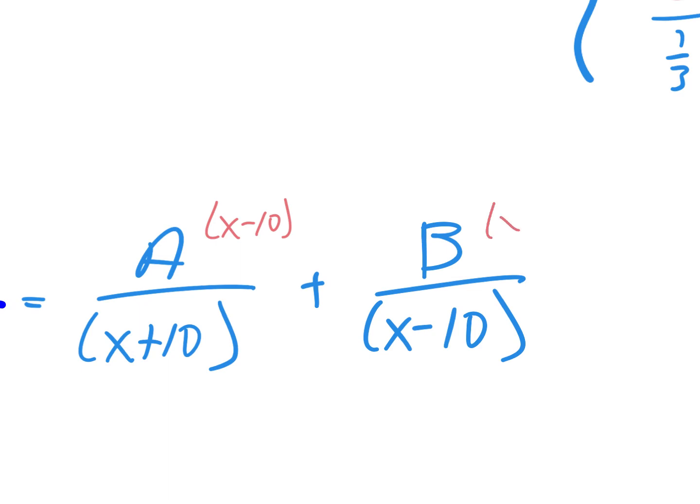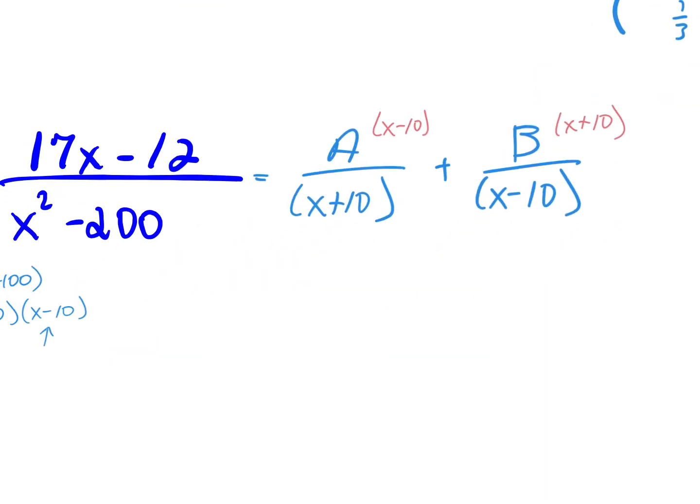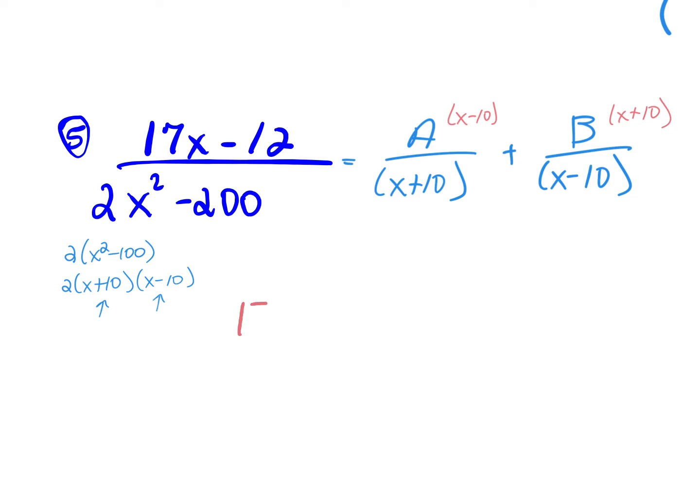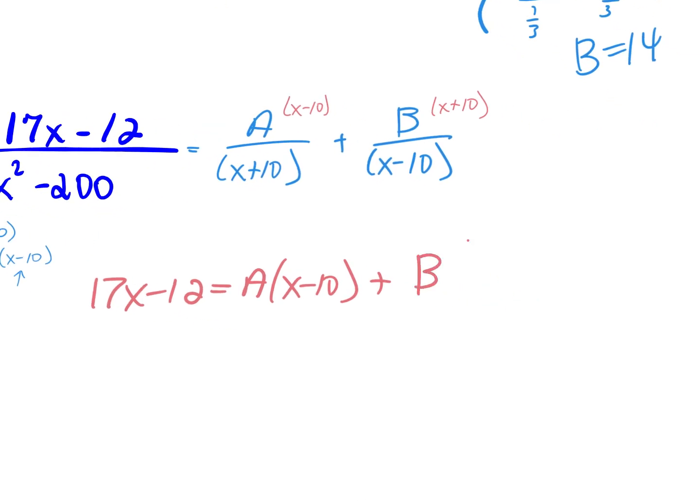B has the x minus, it needs the x plus, right? This is an easier problem because there are no fractions to deal with when plugging in. That's nice. So I have 17x minus 12 equals A times x minus 10 plus B times x plus 10, right?